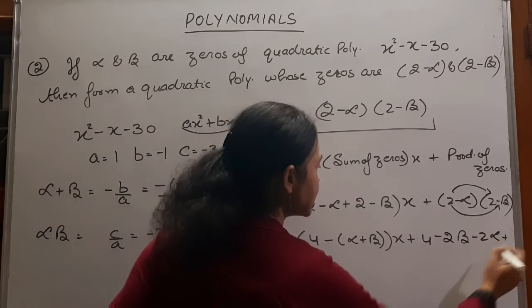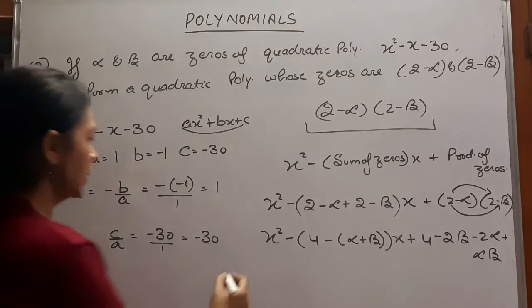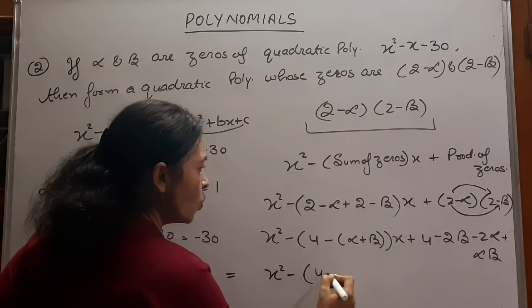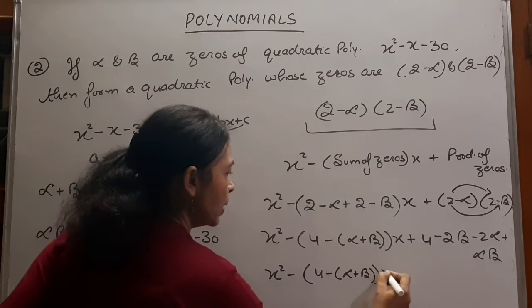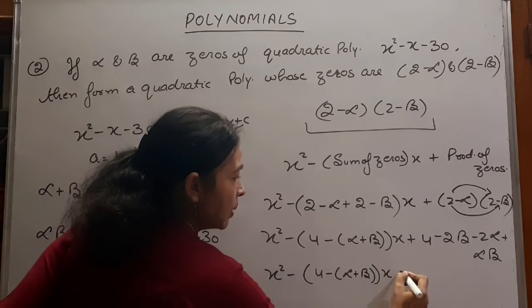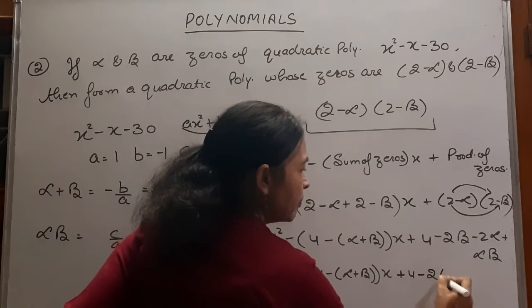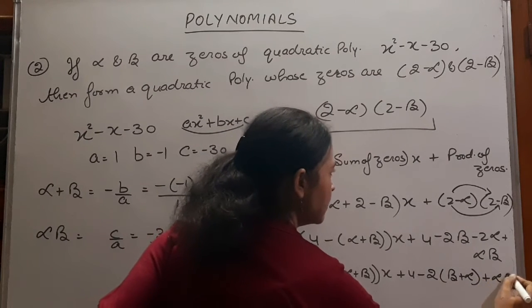Minus 2 alpha plus alpha beta. Clear? So we get x² minus 4 minus alpha plus beta into x plus 4 minus 2 common, we have beta plus alpha beta.